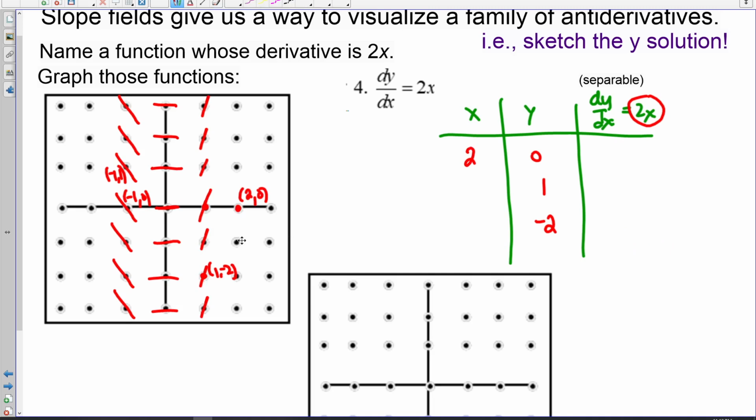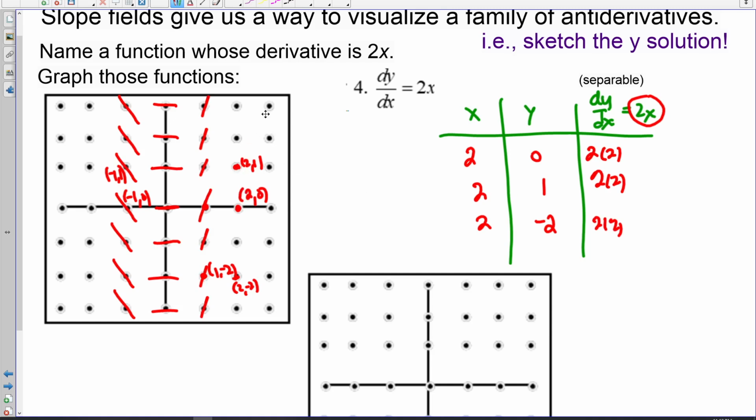What would the slope of y look like if I drew y in here? I have this point 2, 1 right here, and this point 2, negative 2 right here. What would the slope of y look like going through these points? This would be 2 times 2, which is 4 for all of these. What would a slope of 4 look like?